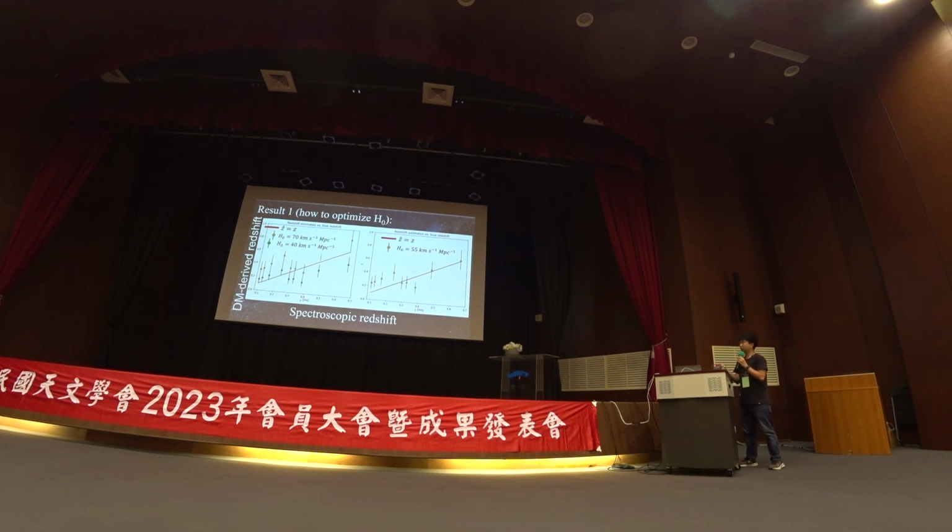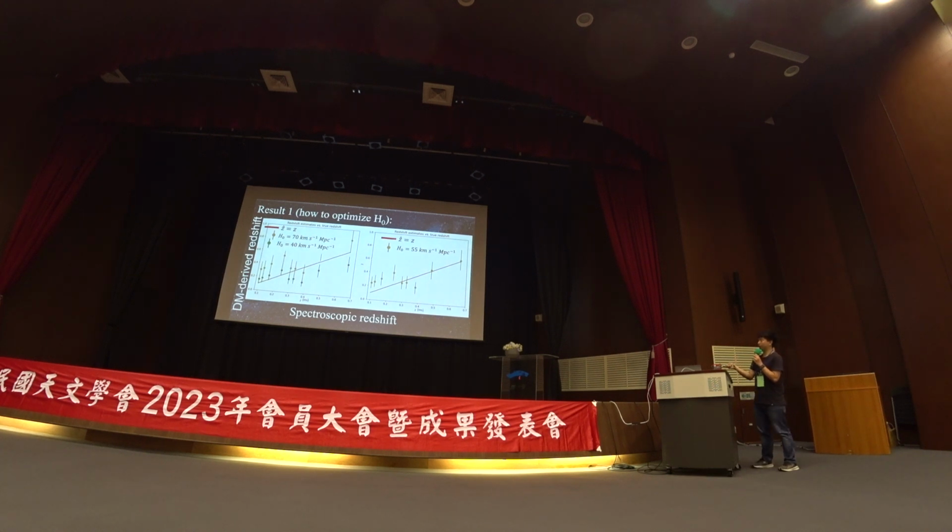So we set the Hubble constant as a parameter to see which Hubble constant lets the data be closer to the red line. In the right figure, we find that when the Hubble constant equals 55, the data is closer to the red line.